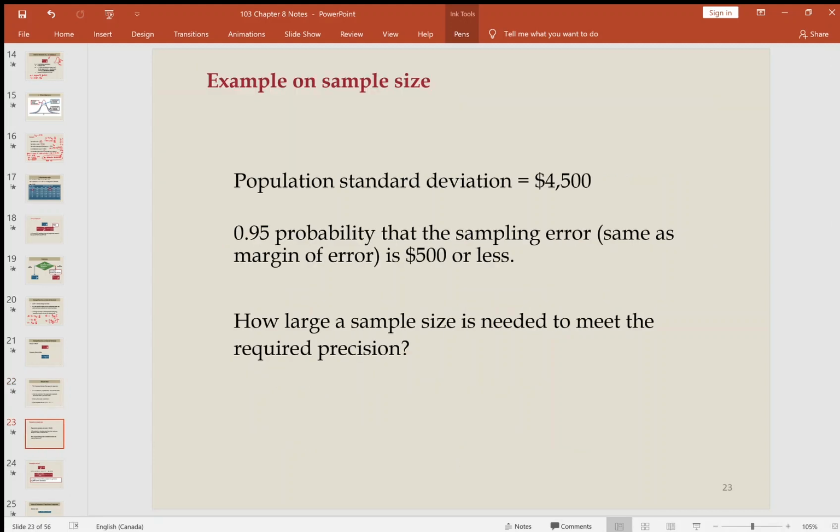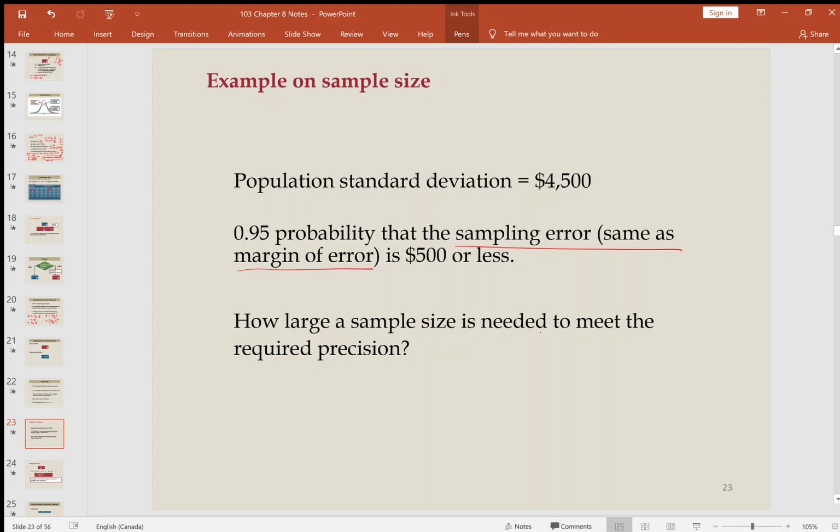Okay, so let's do a question. The population standard deviation sigma is 4500, and we want a 0.95 probability that the sampling error is $500 or less. Remember, sampling error and margin of error are the same thing.